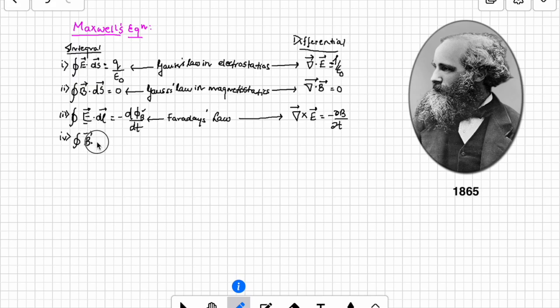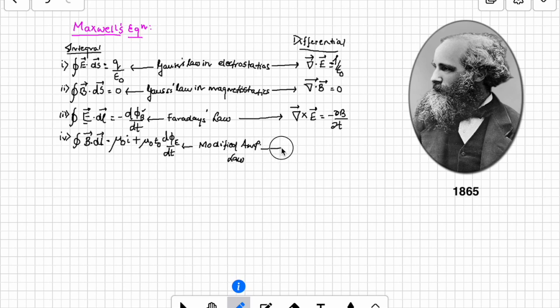The fourth expression is B bar dot dl is equal to mu naught I. That's the expression because of the conduction current, and for the displacement current it would be mu naught epsilon naught d phi E by dt. So the displacement current is because of the electric field. This one we are going to write down as the modified Ampere's law.